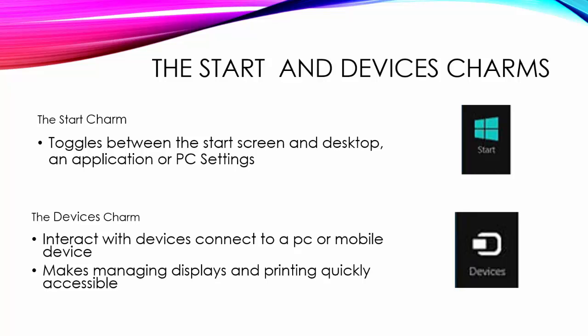The devices charm allows the user to interact with devices connected to a PC or a Windows mobile device. A user can quickly use this charm if managing displays or monitors, sending files to portable devices, or printing from eligible applications.